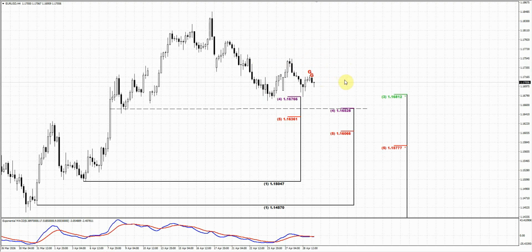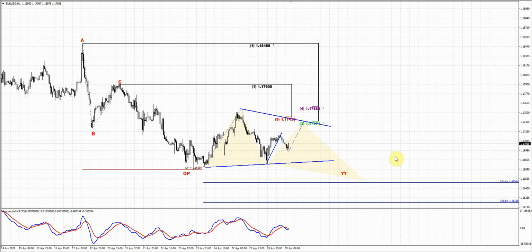At the same time, the market is now forming a clear triangle consolidation. The right arm of this big pattern starts taking the shape of a triangle. As usual, a triangle has the feature of keeping the door open for both directions.